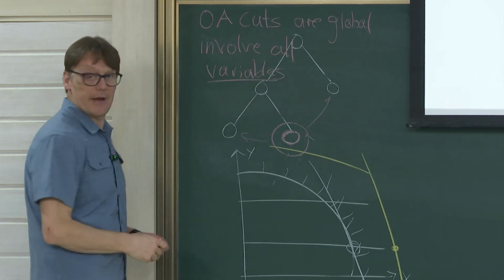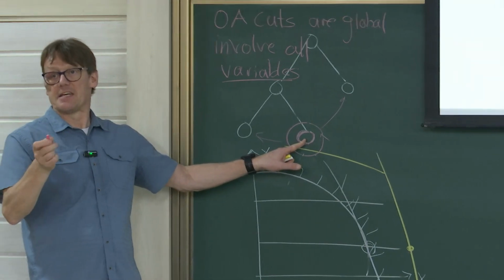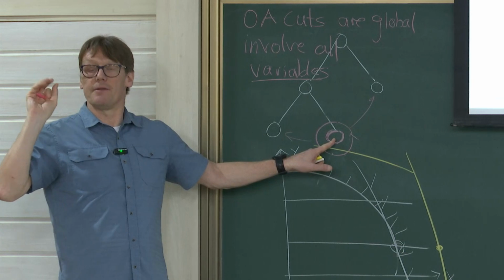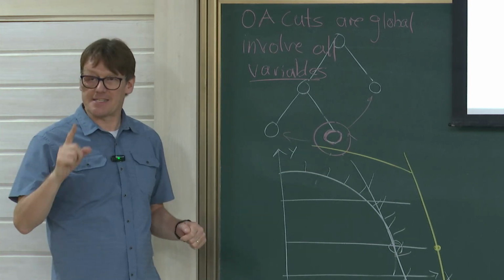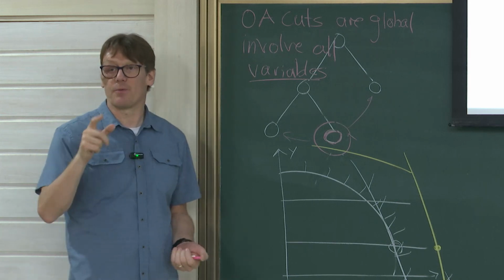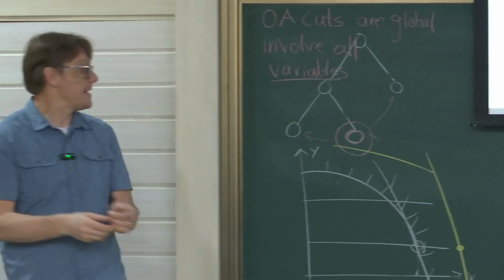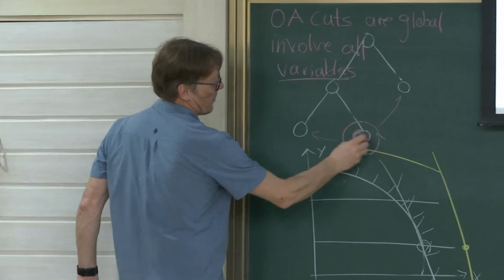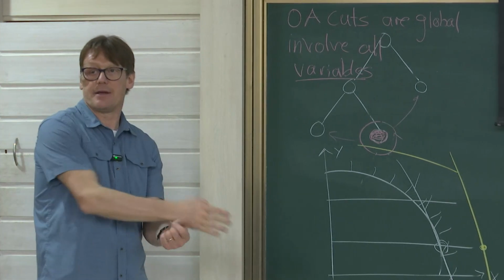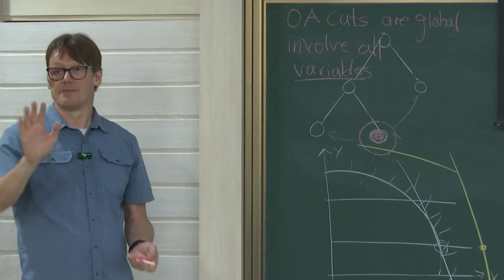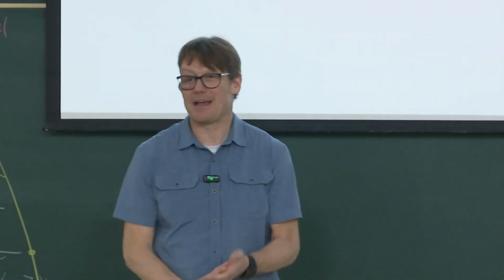So even though I generate them at a point in the tree where some of the variables are fixed, I take that fixing out before I generate the cut. That's the key part. And I think that was your question, because in branch and cut, your fixed points, I already fixed, when I get to this point, I've already fixed two variables. But I take that fixing out and then generate the cut. That's why it is. Sorry, I didn't understand your question correctly, but now I think I have a better answer.